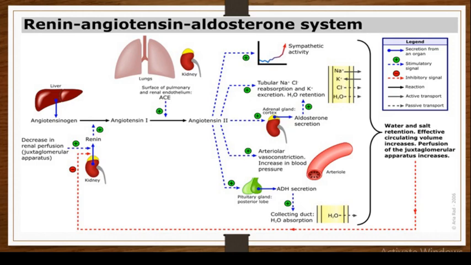In this system, we shall start from the kidneys. In the kidneys, we have two main structures we need to talk about: the juxtaglomerular apparatus as well as the macula densa cells. The juxtaglomerular apparatus are specialized structures formed in the distal convoluted tubules and in the glomerular afferent arteriole.